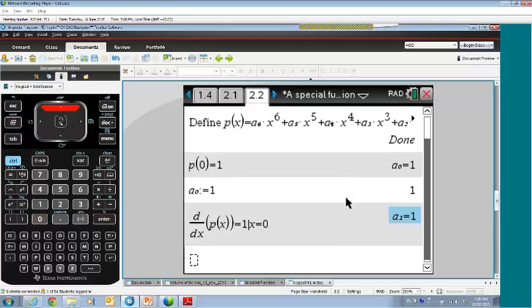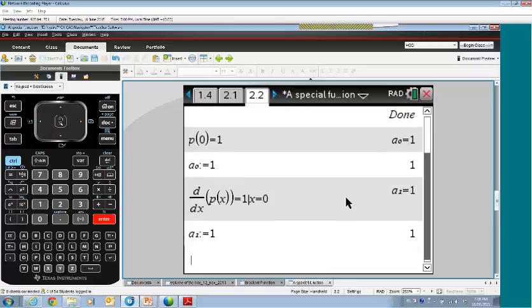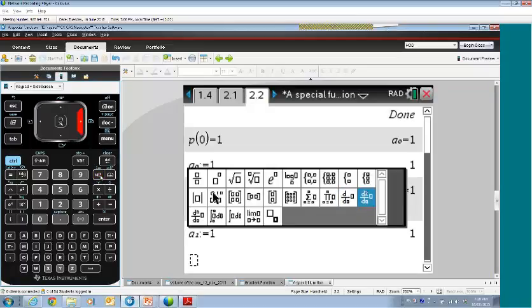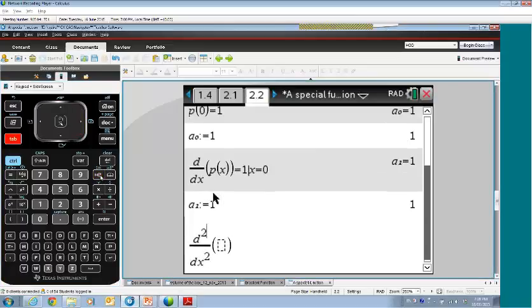And I see a1, that was the coefficient of x to the power of 1, is also equal to 1. Could be a coincidence. If we're getting a pattern here, maybe they're all 1s. Let's try another one and see what happens. So we'll grab our second derivative, in other words, p double dashed of x equals 1 given x equals 0.